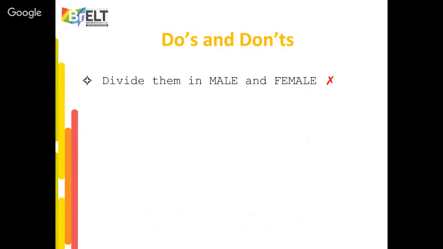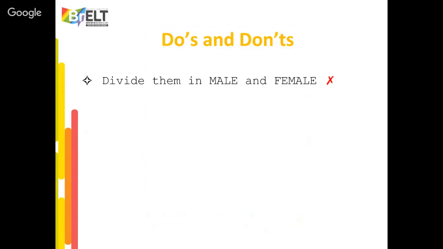So going on with my list of do's and don'ts. This is pretty common to happen. Don't divide your students or your coworkers or anyone into male and female, okay? It happens very often. And basically, when it happens to me, I know where people expect me to go. They expect me to go to the female side.